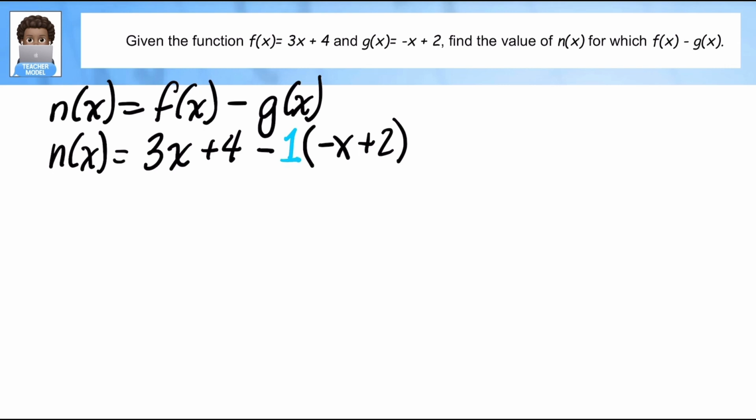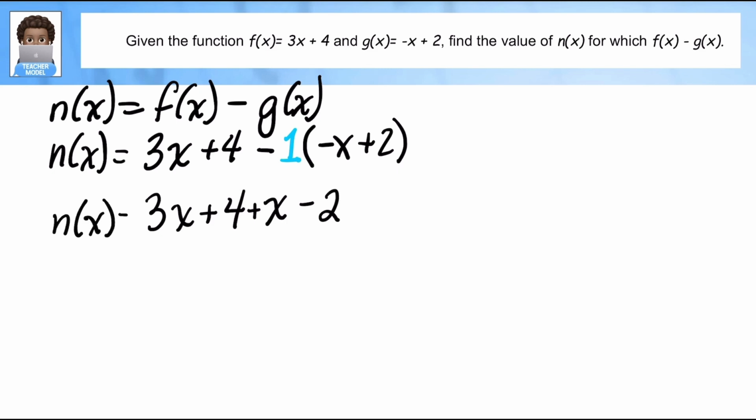All right, let's distribute. Negative 1 times negative x is just a positive x. And negative 1 times 2 is minus 2. Okay, now I can write the rest. And I'm not forgetting that was a positive, so I should have put plus x in the very beginning. All right, and then I do the same thing as before.